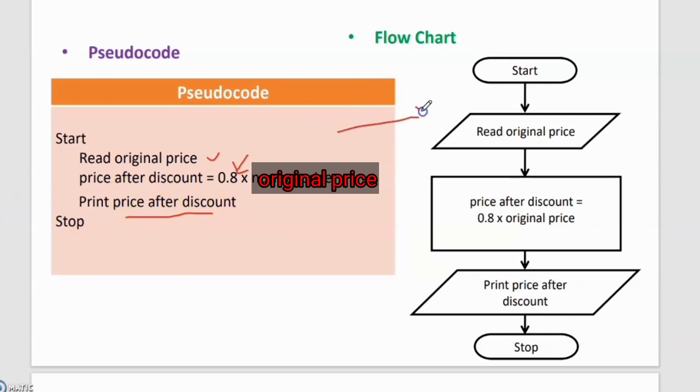Then you convert to flowchart. As usual, start, use the oval shape. Just copy back. Read original price for the input. Make sure you write read original price. Then for the process, use the rectangle shape. Just copy this one.